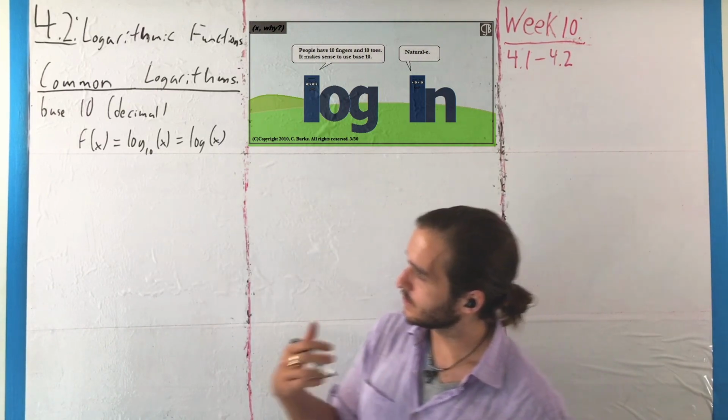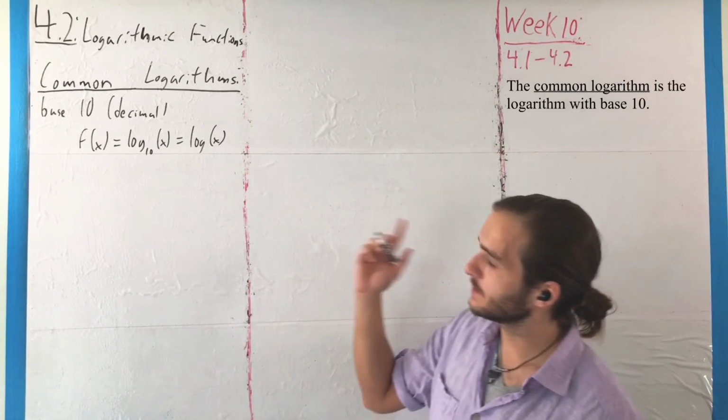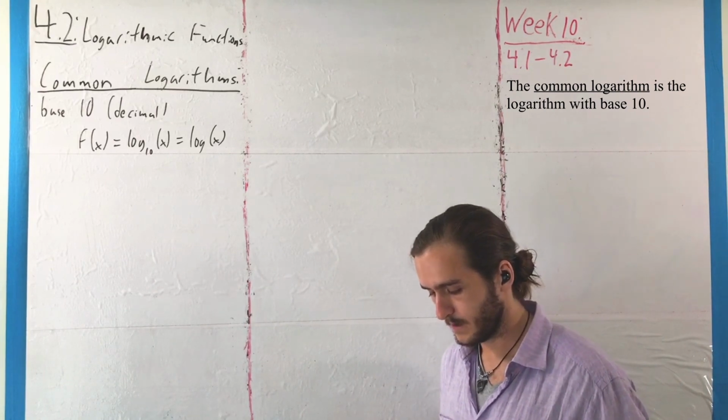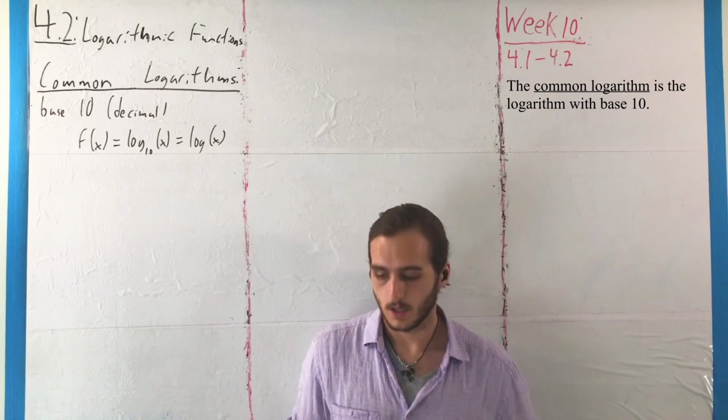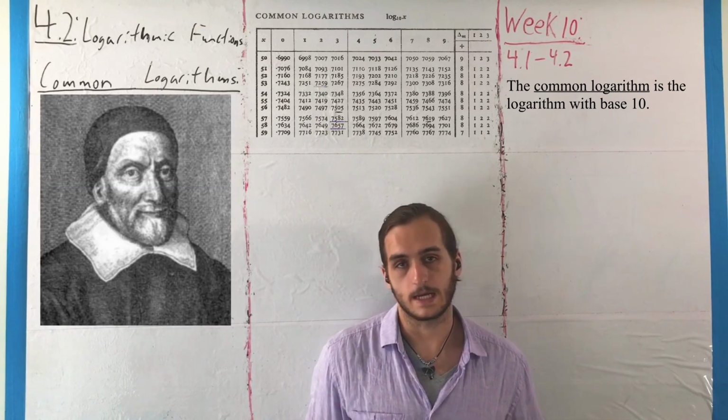and log base 10 is what's called the common logarithm, where this idea came about from collaborations between Napier, who we mentioned earlier, and Henry Briggs.